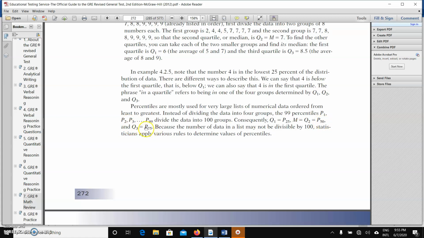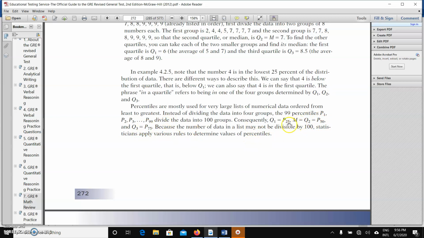And Q3 is going to be P75, that will be the 75th percentile in a distribution. Percentile means 100, so the total percentage is 100. So you're just talking about how it is divided along. It's divided into P25, P50, P75. You have to just know that in your brain, you have to cram it. So Q1 is P25, Q2 is P50, and Q3 is P75.